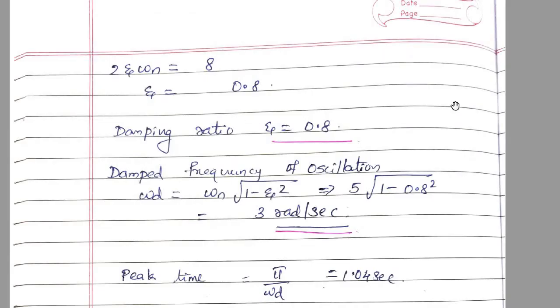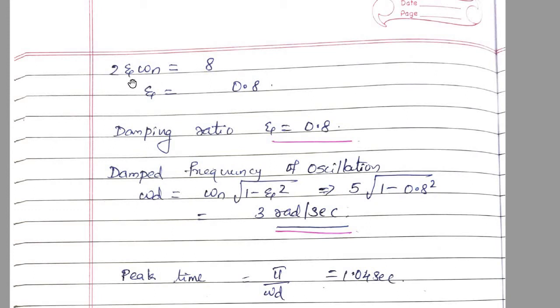Now, we can compare the equation with the standard equation of second order system. 2 zeta omega n is the coefficient of s in the denominator.